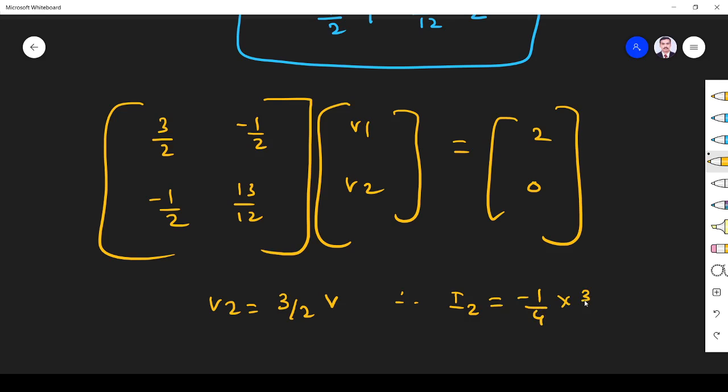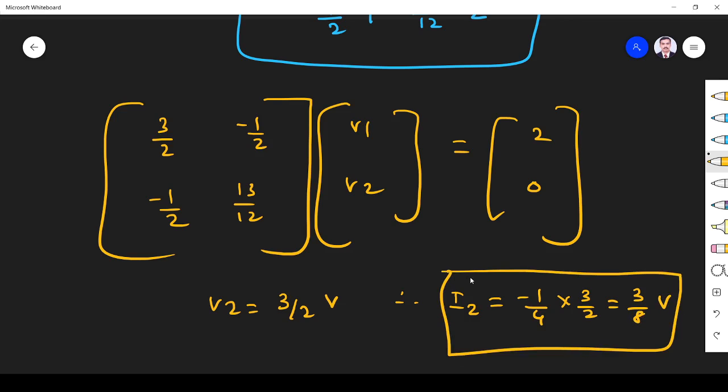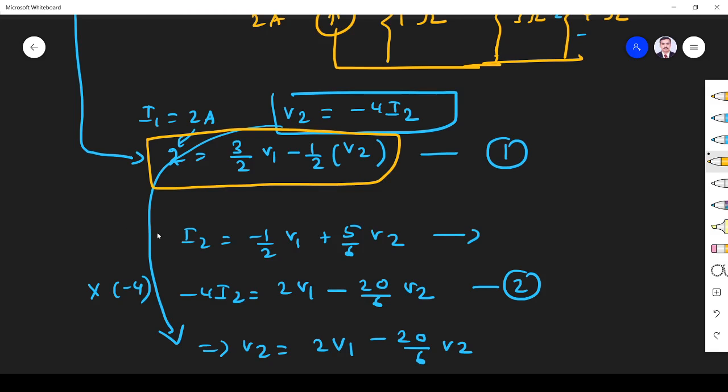V2 is 3 by 2 V, so it is 3 by 8 V, right? It is a tedious problem, but we can find it easily. If you solve this equation, we get V2, and from that we can find I2. What is I2? That is what we have to find. I2 is equal to this one, right?